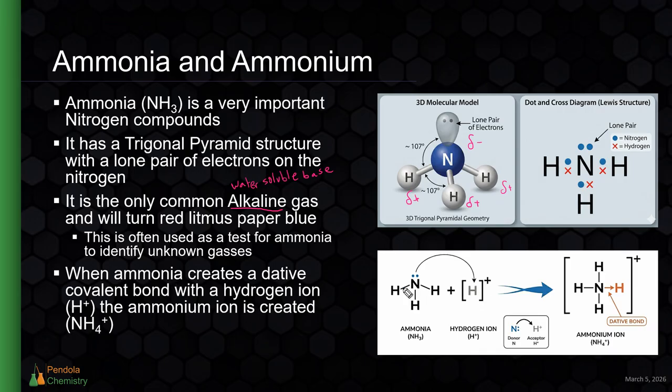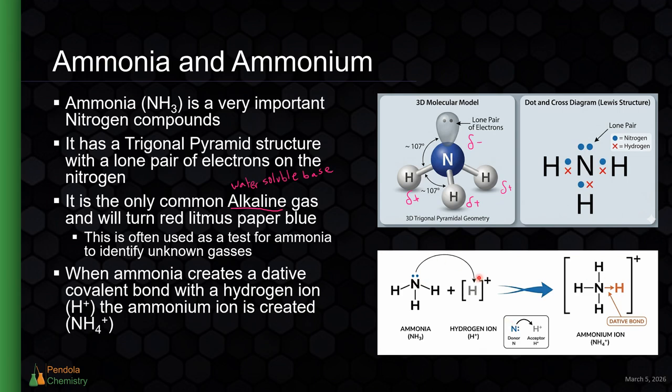When ammonia creates a dative covalent bond to hydrogen by using its lone pair of electrons, it creates what is known as the ammonium ion. So ammonium is an NH4+ ion, whereas ammonia is NH3, the molecule, which is neutral.